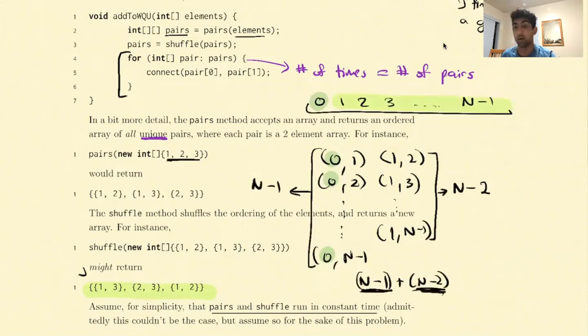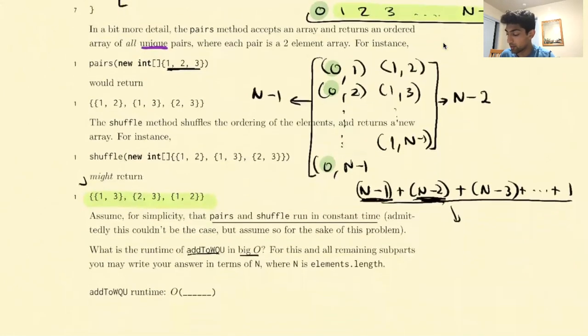These are all the pairs where 1 is the first element. Plus, we can extrapolate this logic to see that it's going to be the following sum, right? And what we're going to notice now is that this sum is the equivalent of the sum we saw earlier, right? It's the same sum.